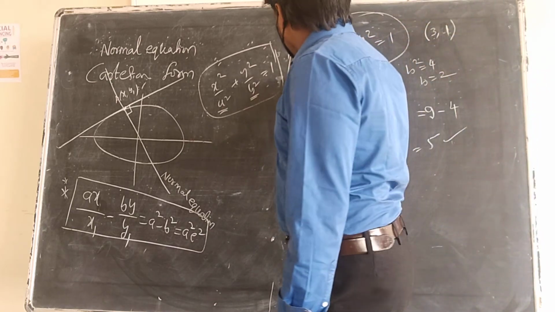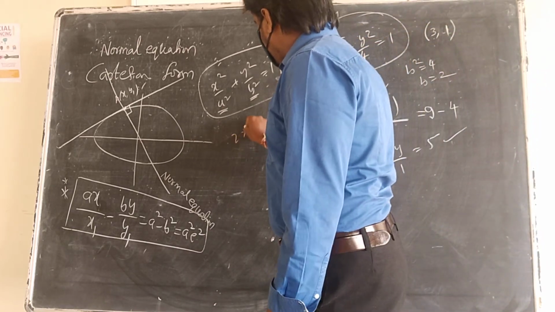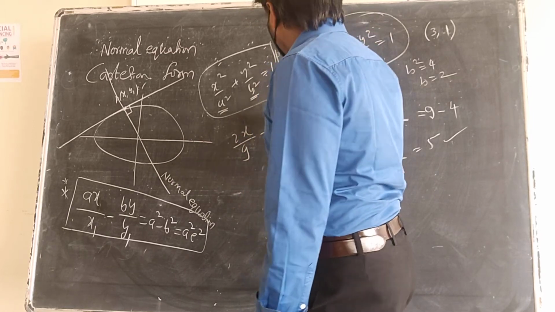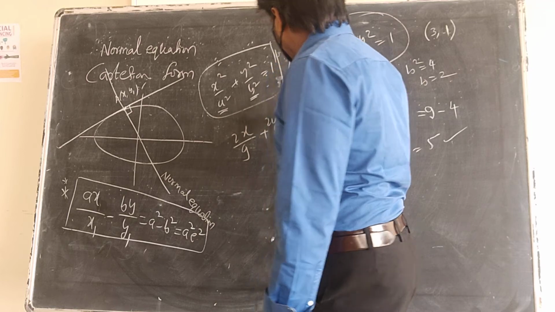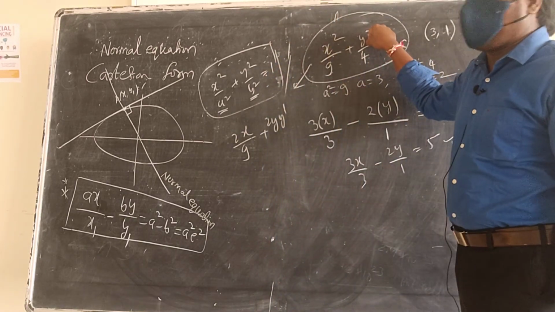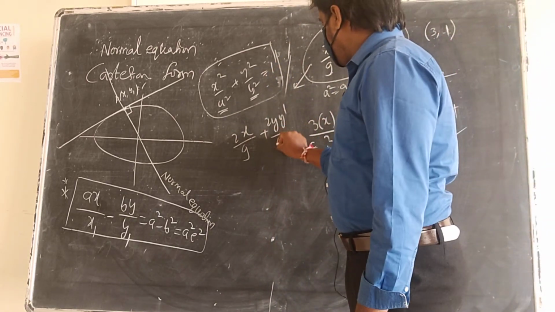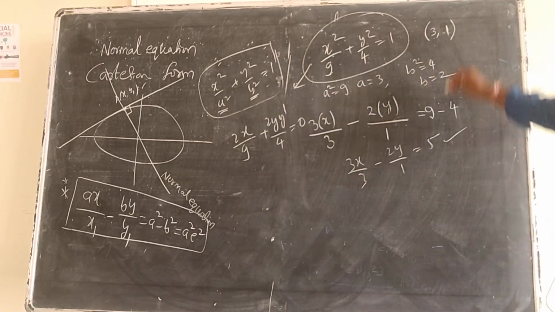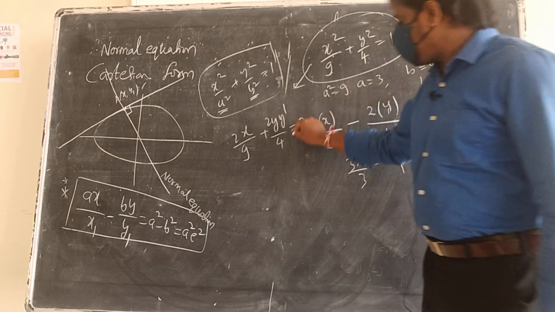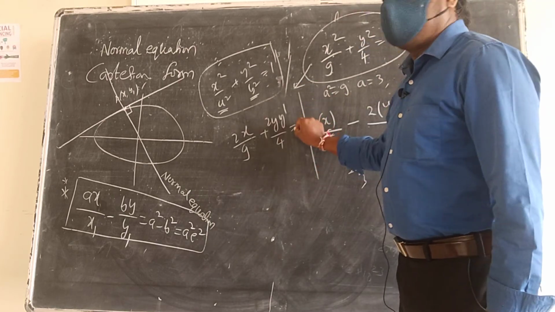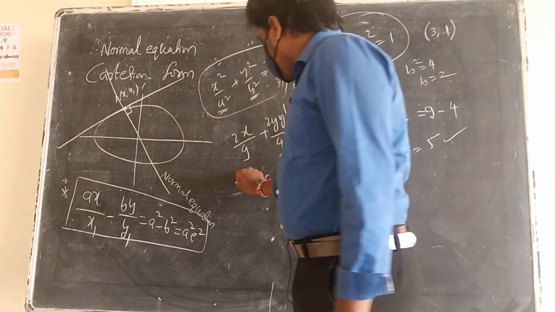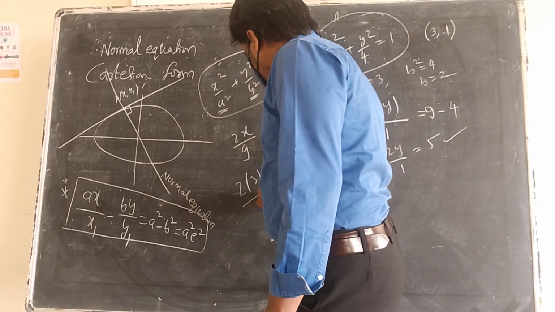Another way is differentiation. If I differentiate here, I get 2x by 9 plus 2y y dash by 4 is equal to 0, since the differentiation of 1 is 0. Then I substitute 3 comma 1 in this.